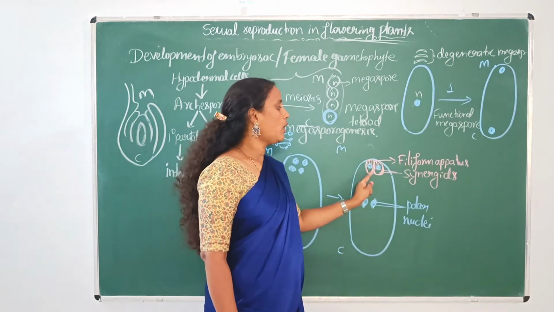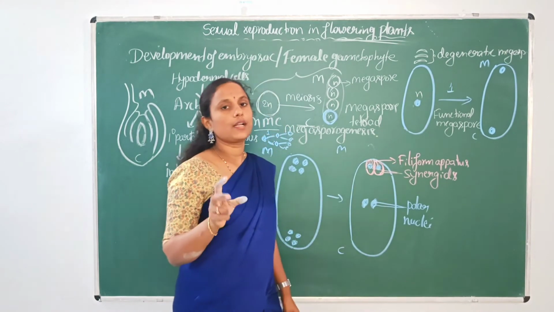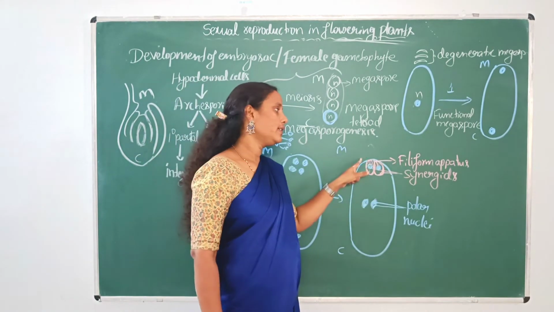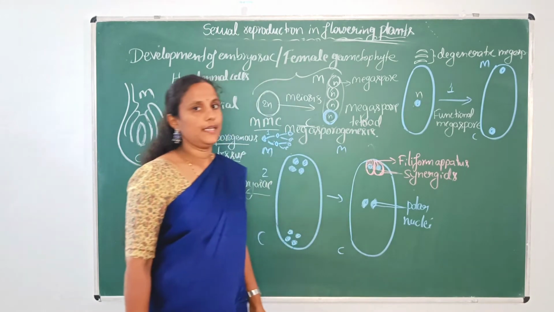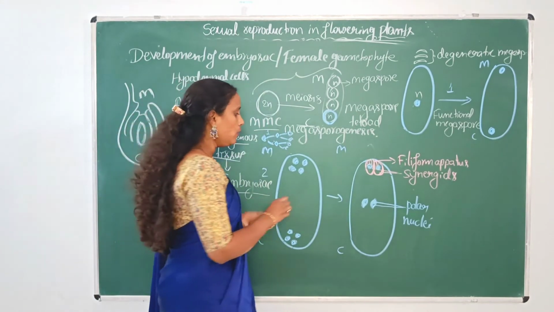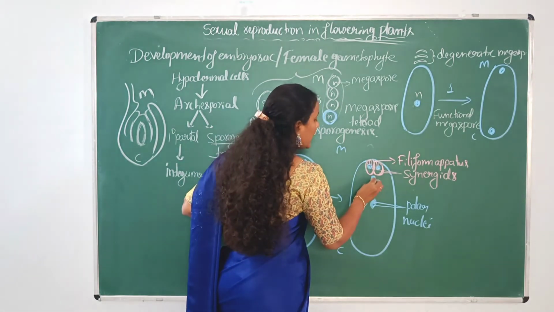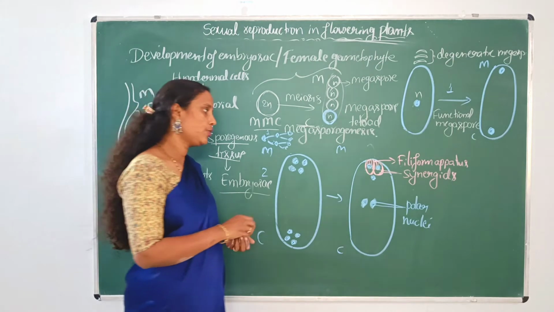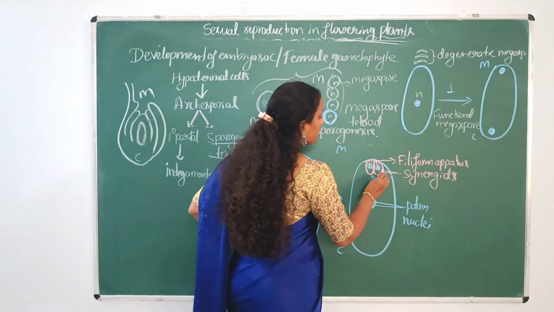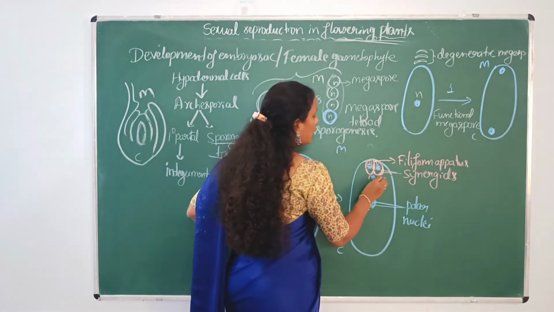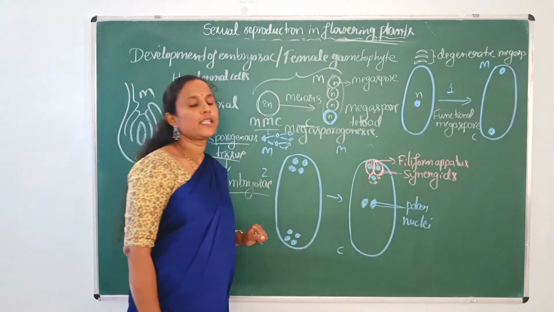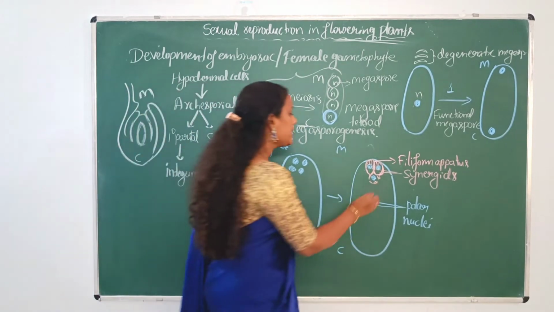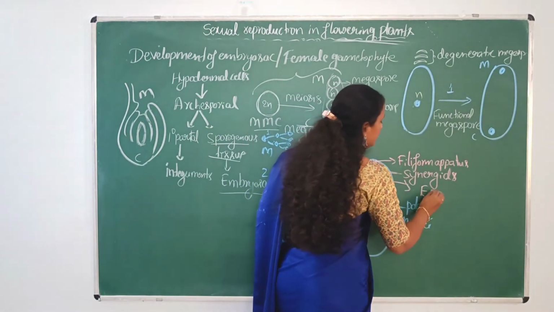Okay, so we have discussed what happens to two nuclei. Two nuclei are covered with a cell wall and form synergids, and there is a special thickening called filiform apparatus. And the remaining one nucleus shares the cell wall of synergids. That means individually it is not developed with its own cell wall, but it shares the cell wall with synergids, and that cell is called egg cell.